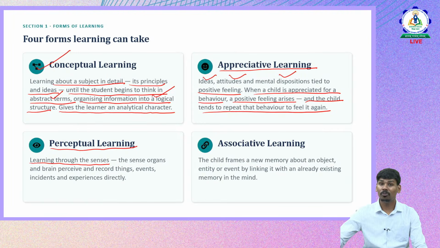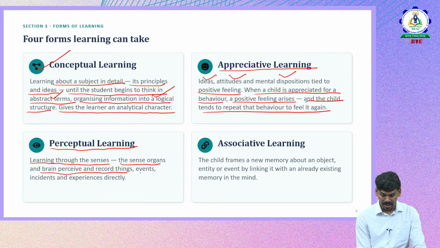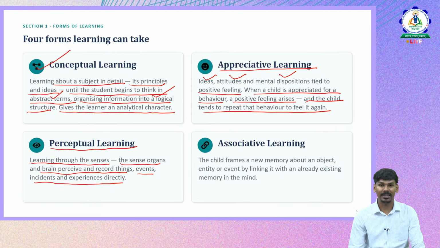With smell, we know which dish we are smelling, right? Also, while looking at things we learn. So the sense organs and brain perceive and record things. And they not only perceive and record things, they perceive and record events, incidents, and experiences directly. So learning also happens through our sense organs.